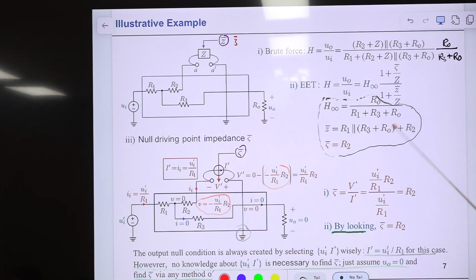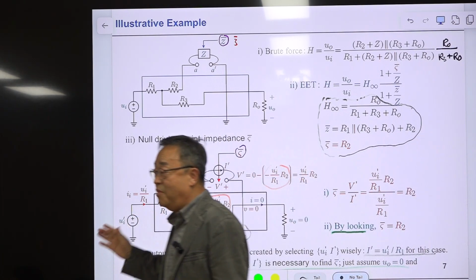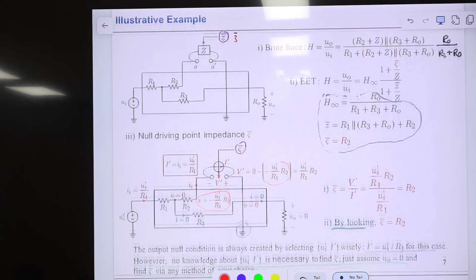They should be the same; I didn't check, but they should be. This is the nature of EET. You don't see the advantage of EET here, but EET is extremely useful for other cases. This simple case is just an example to show the implication of EET itself.